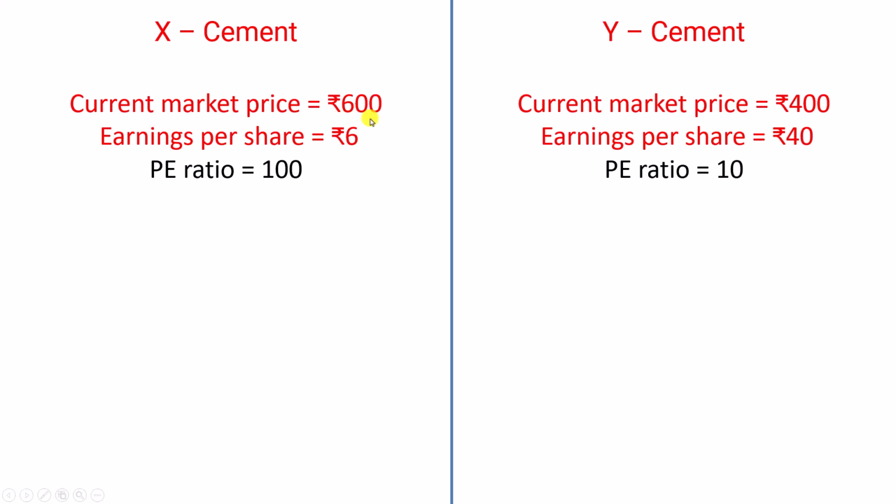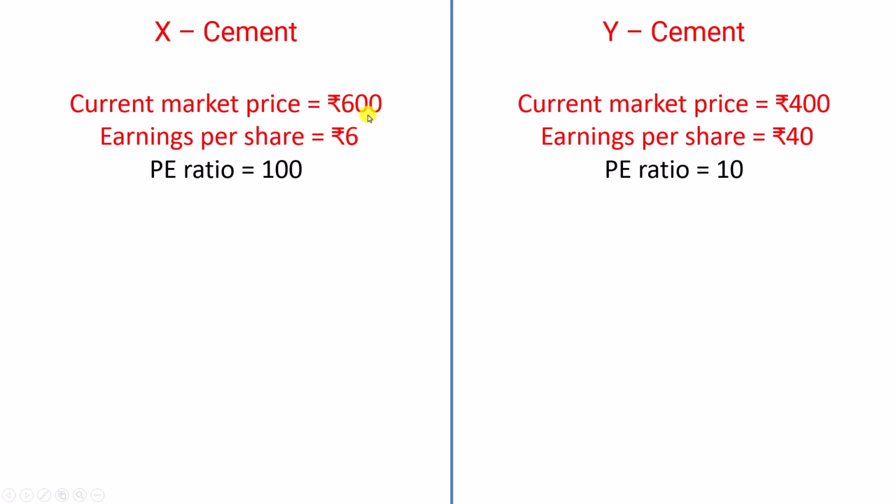Current market price is decided by people. That means people tell how much they are willing to pay to buy one share of the company. So here, if it is 600 rupees, it means that public are willing to pay 600 rupees to buy one share of X. Here, people are willing to pay 400 rupees to buy one share of Y. If people were not willing to pay 400, then it would not have been this.